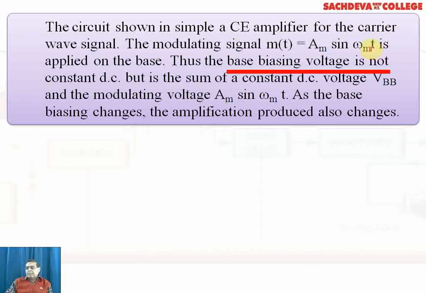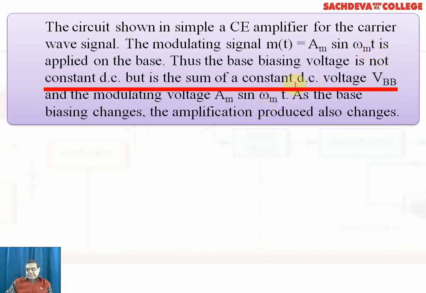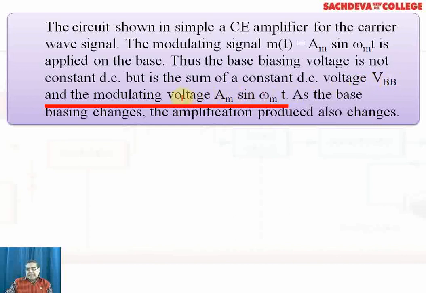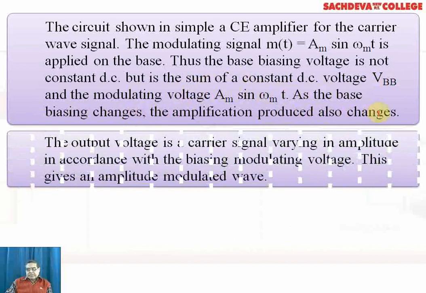Thus the base biasing voltage is not a constant DC, but is the sum of a constant DC voltage plus the base band modulating voltage AM sine omega T. As the base biasing changes, the amplification produced also changes.